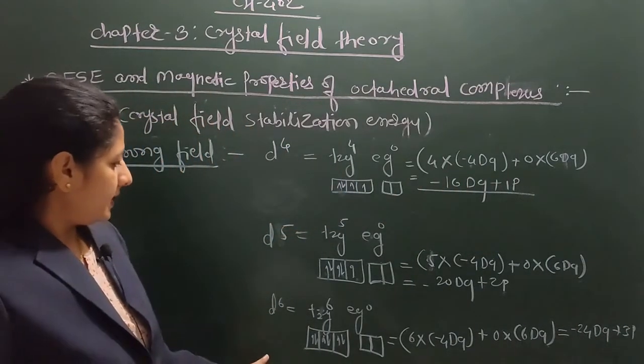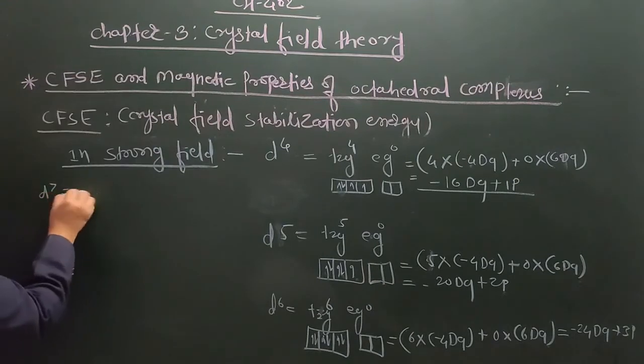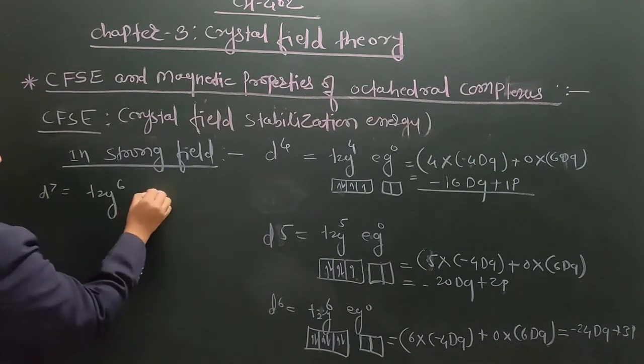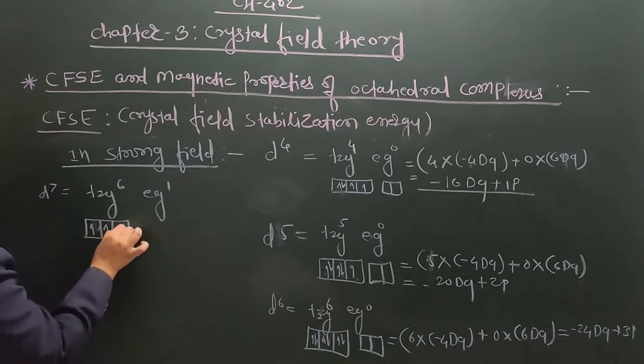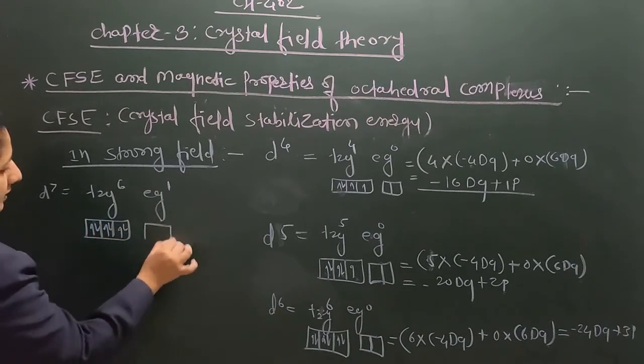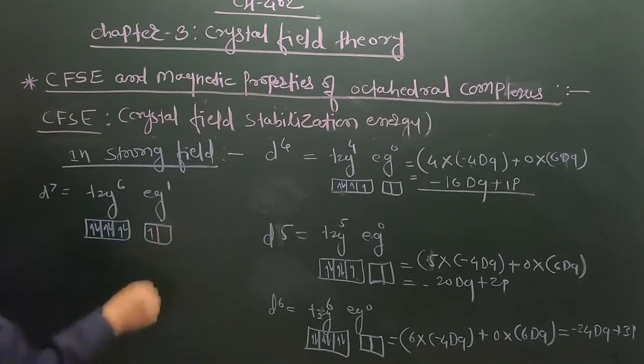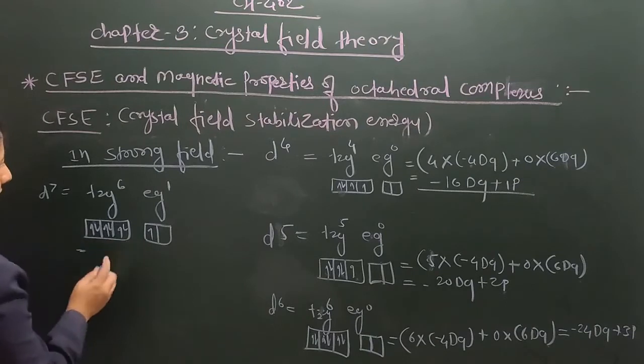So here, likewise for the D7 system, that is t2g6, and there will be 1 electron after fulfillment of these 3 orbitals: 1, 2, 3, 4, 5, 6. Here the 1 electron remaining enters eg.